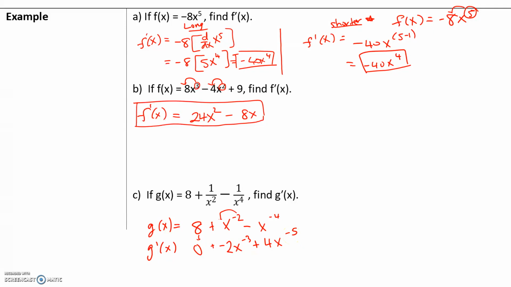Let me do that again. The negative 2 comes to the front, so this becomes a negative 2, and we subtract 1 from it, negative 3. The negative 4 comes to the front. Negative 4 times a negative gives you a positive 4. We subtract 1 from it, and that gives us a negative 5. We need to rewrite this using only positive exponents, so the 0, we're going to ignore that. We have negative 2 over x to the third plus 4 over x to the fifth. And this will be our derivative.